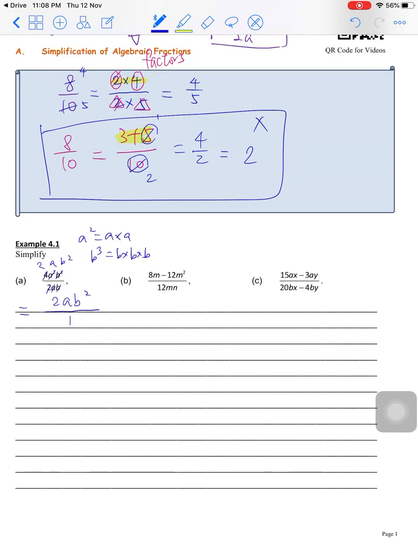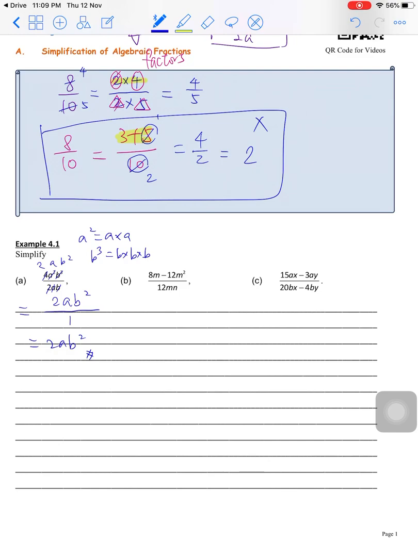So finally the answer is 2ab squared. Then the denominator is actually 1. The 1 is hidden, because everything times 1 equals itself. So 2ab times 1 equals 2ab. You cancel out all the 2ab, you still have the 1. Then finally 2ab squared is the final answer.